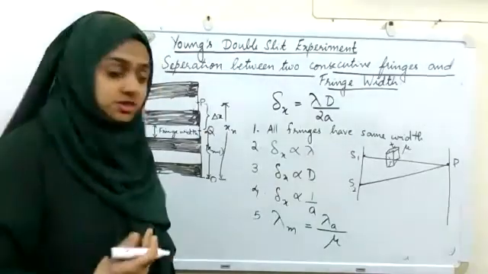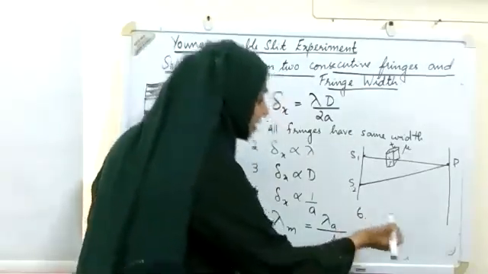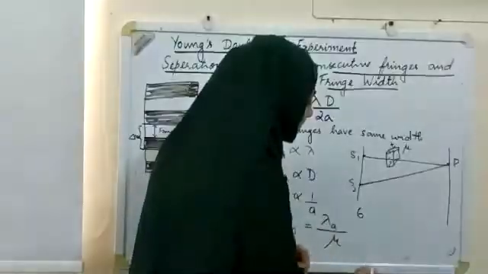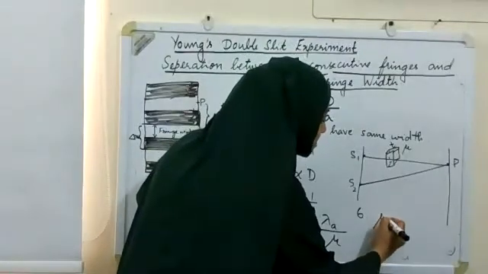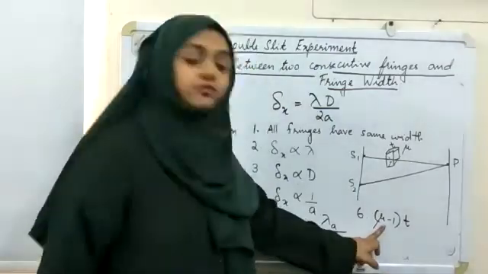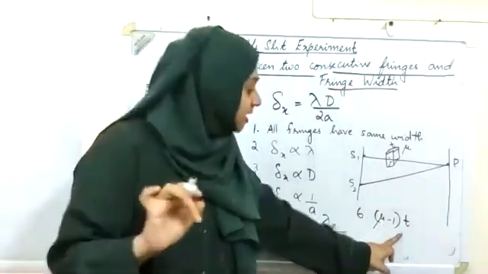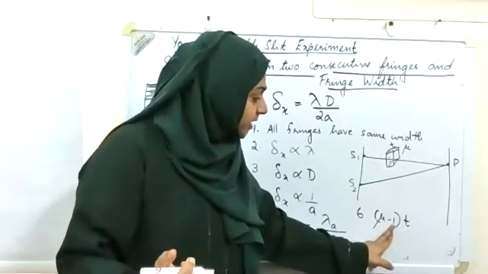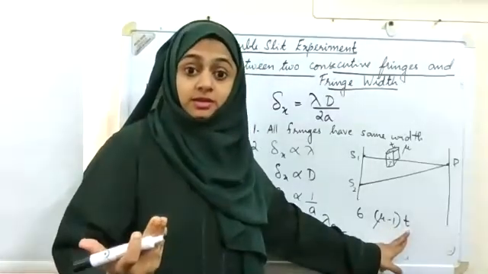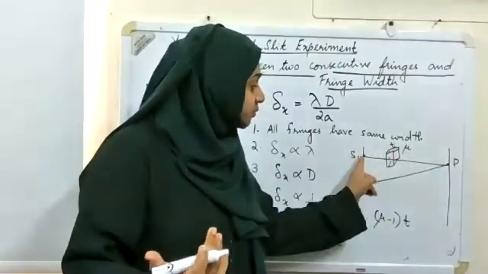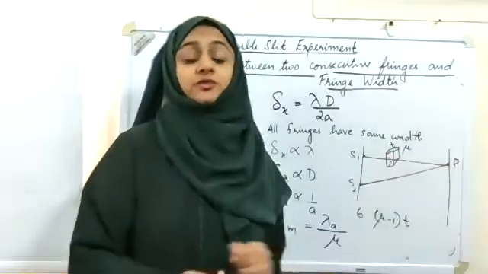We are placing in the path of one of the rays a thin plate having thickness T. Then what happens is an additional path difference will appear for this ray, and the additional path difference is mu minus 1 times T, where mu is the refractive index of the plate and T is the thickness of the plate. So that is the quantity of path difference which is introduced in one of the rays.